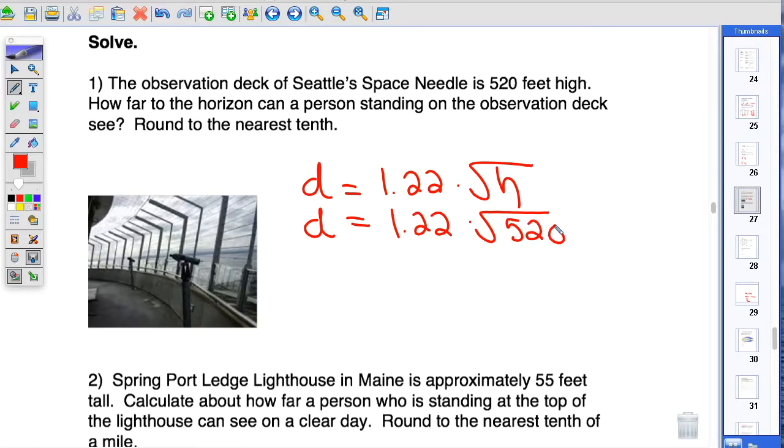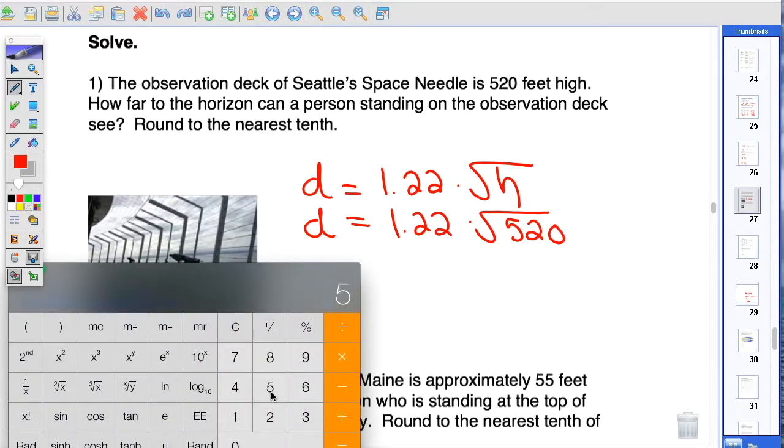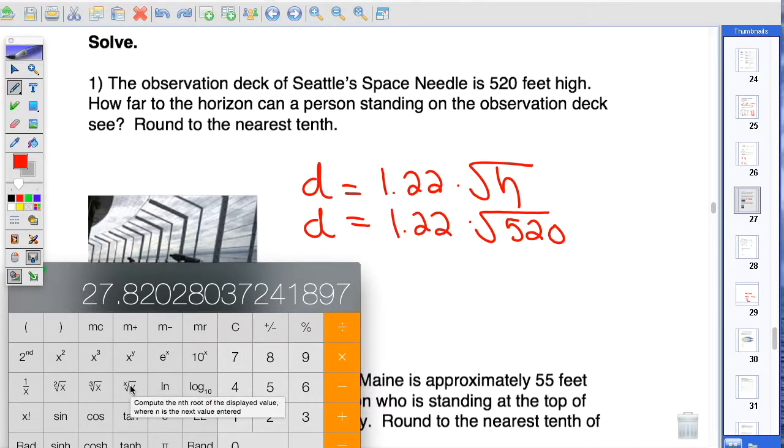You may use a calculator for this, so the first thing that you'd want to do is find the square root of 520 and multiply it by 1.22. So we start by doing 520, hit your square root, times 1.22, and we get 27.820, and it keeps going, but we're rounding it to the nearest tenth, so it's 27.8.